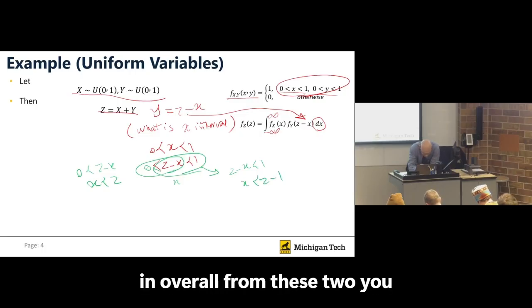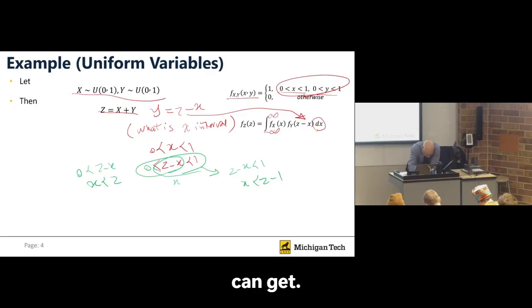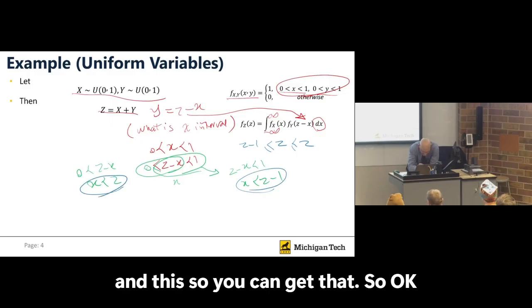So overall, from these two, I'm going to write it here. Z is between z minus 1 and z, including equality. From this and this, you can get that.